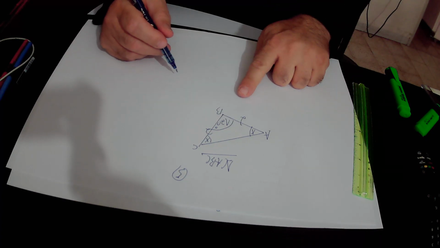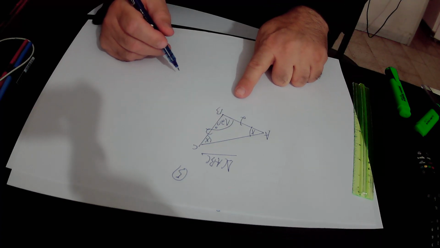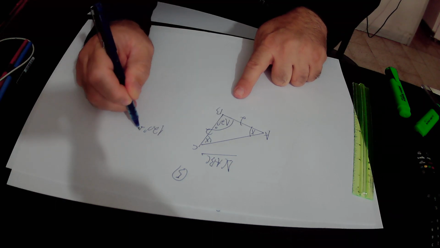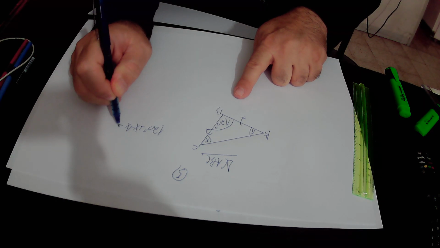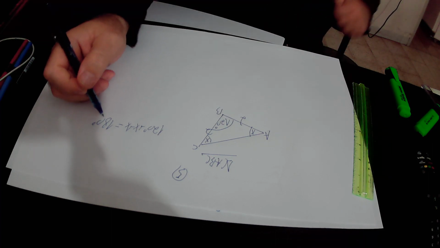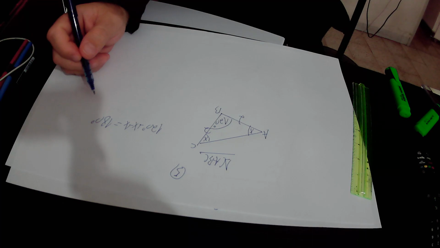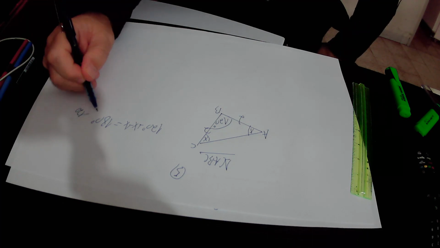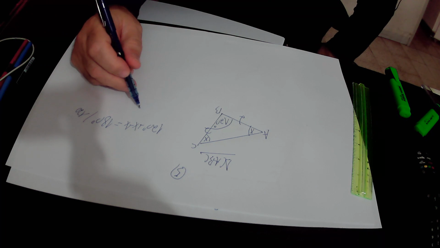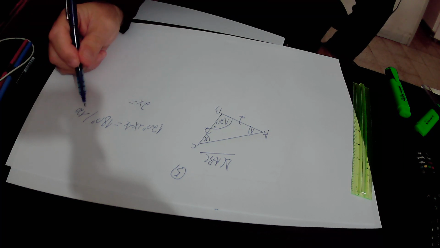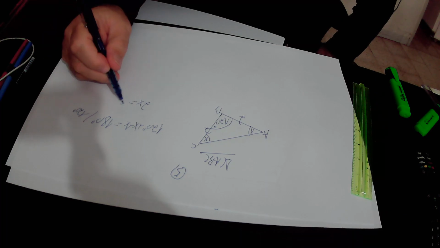And the sum of the angles in this triangle, triangle ABC, equals 180 degrees. So 120 degrees plus x plus x, in total, must be equal to 180 degrees, according to the rule that the sum of the angles in any triangle is equal to 180 degrees. Here we'll subtract 120 degrees from this equation, and we get that x plus x, that is 2x, equals 180 degrees minus 120 degrees, which is 60 degrees.